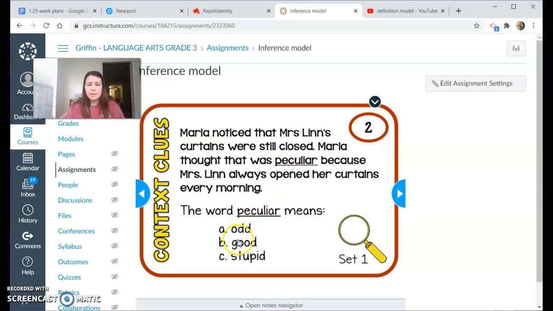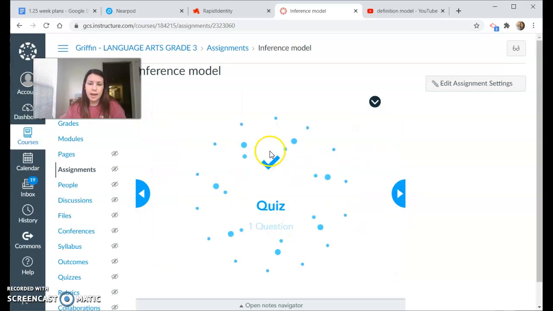So I think that odd is going to be the best choice, because I'm picturing in my head, what if I walked by my neighbor's house and they're normally always awake at this time and their curtains are open? This is my background knowledge, but I'm walking by and I notice that they're still closed. I would say, that's peculiar or that's odd. I wouldn't say that's good or that's stupid. So my best option is odd, and I'm going to click that in the quiz.